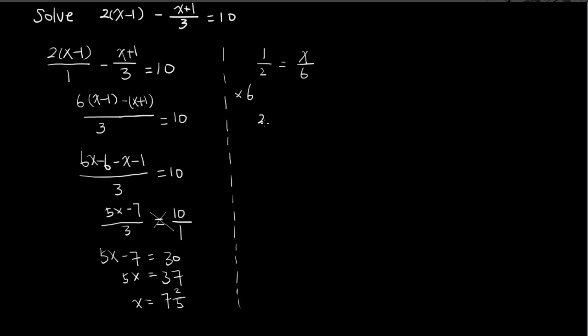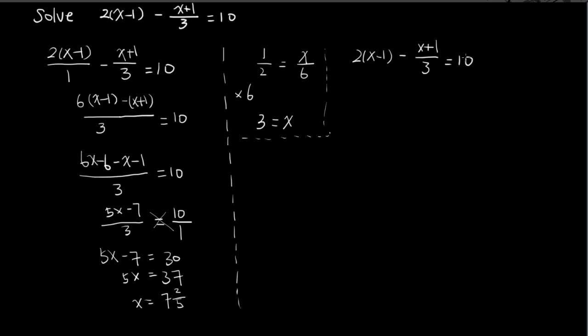So you may have 3 = x. So you already get rid of the fraction. This is what we want to apply in my second approach: multiply by the same number on both sides of the equation to get rid of the fraction.